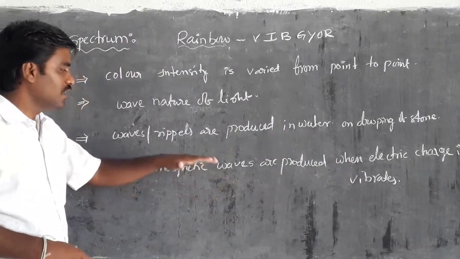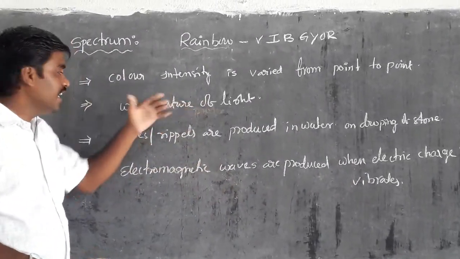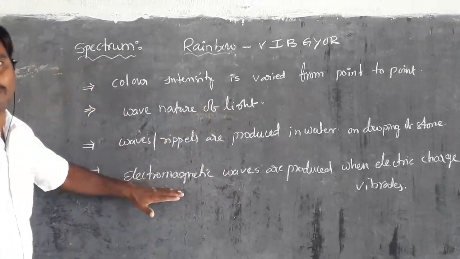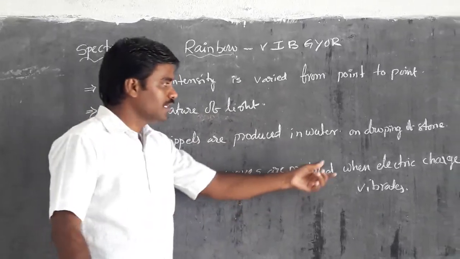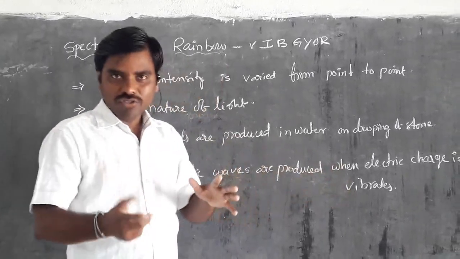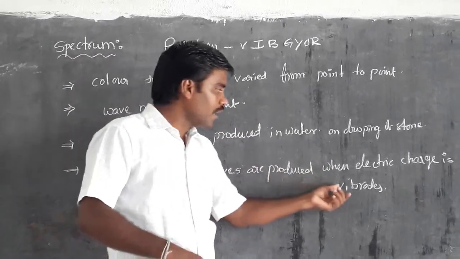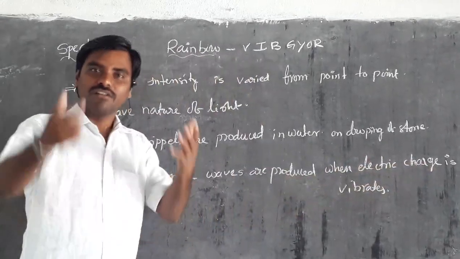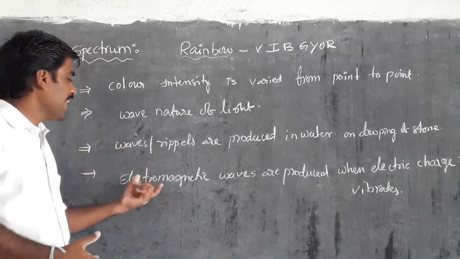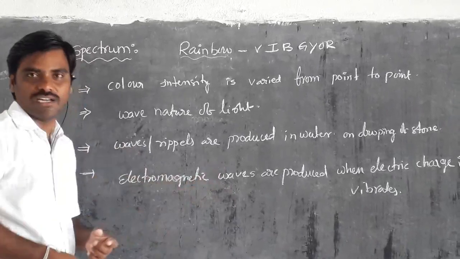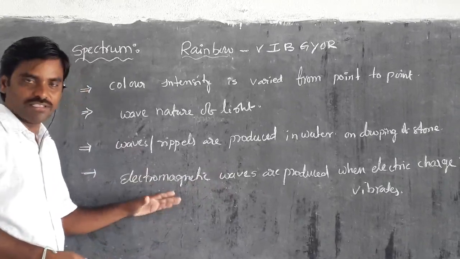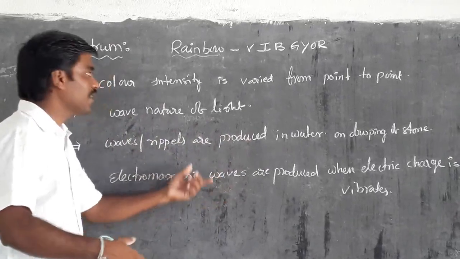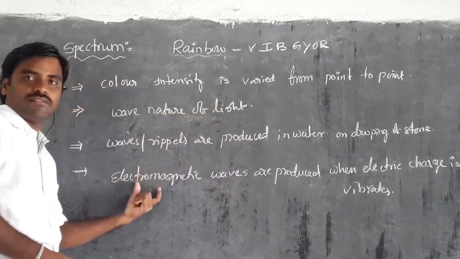So whatever light there is, it is wave in nature, meaning the light wave is an electromagnetic wave. How? Because the electron is vibrating and has negative charge, so on vibrating it creates an electric charge, and from that it generates the electromagnetic wave. We will discuss that in the next step. Simply, the vibration of the electron creates the electromagnetic wave, and ultimately we call the light wave an electromagnetic wave.